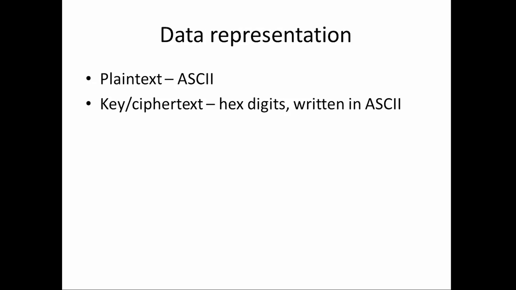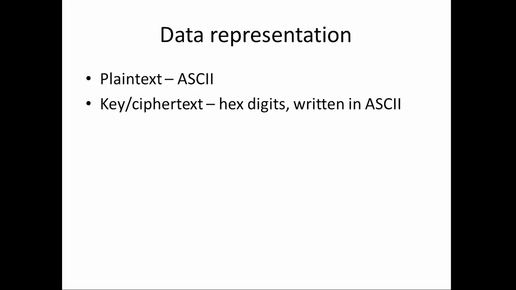We talked a little bit about this in the last lecture, but I want to just fix some ideas and mention the particular kind of data representation that I'm going to be using. So ultimately, we're going to be writing programs that read the input from a file. So the encryption algorithm is going to read the plaintext from a file and the key from a file, generate a ciphertext, and write that to a file.